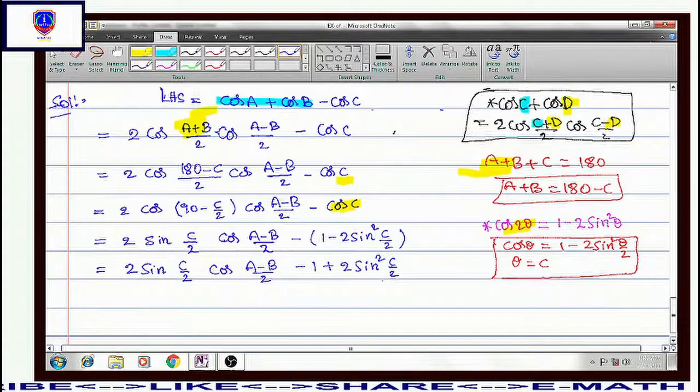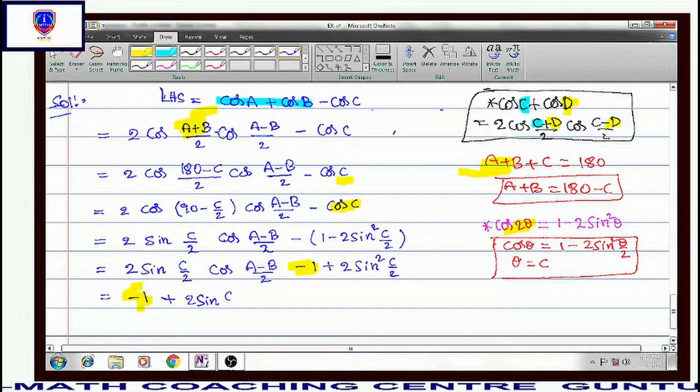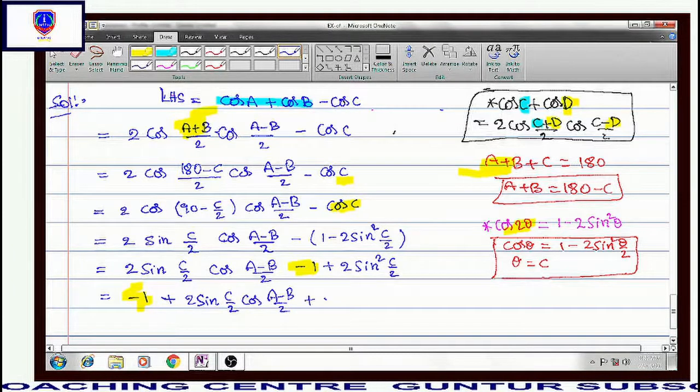Write the minus 1 as the first term, and write down the remaining terms: 2 sine C by 2 into cos of (A minus B) by 2 plus 2 sine square C by 2.